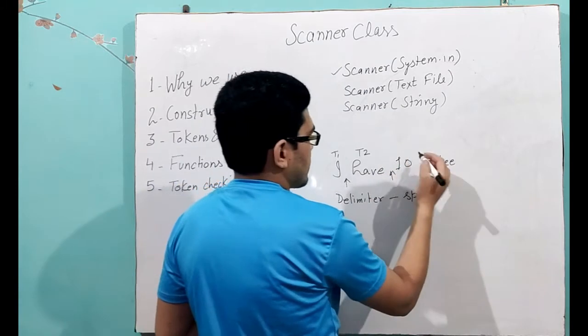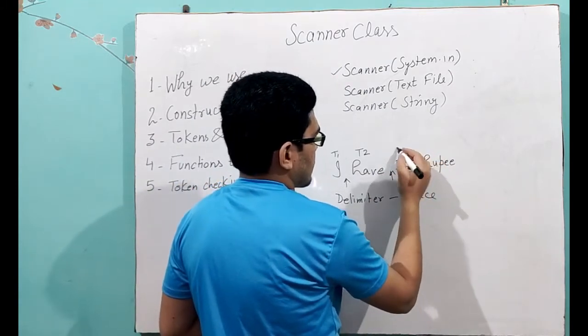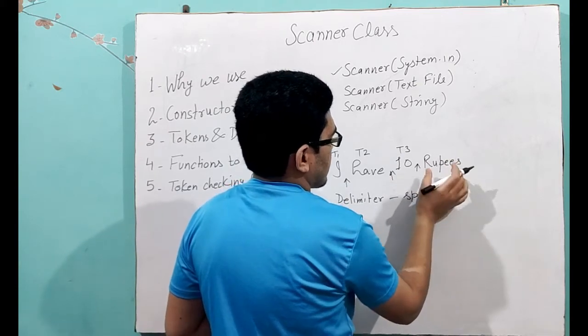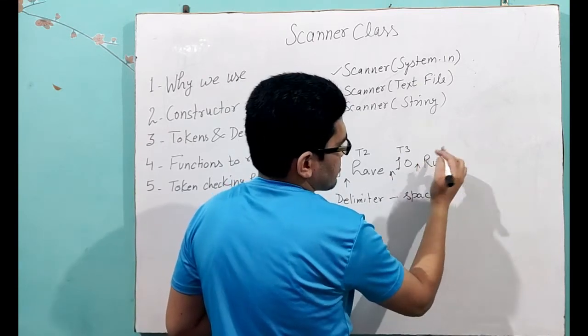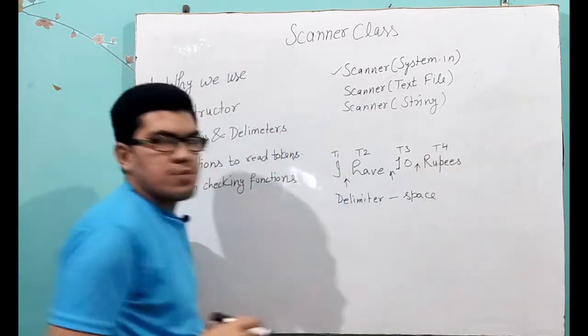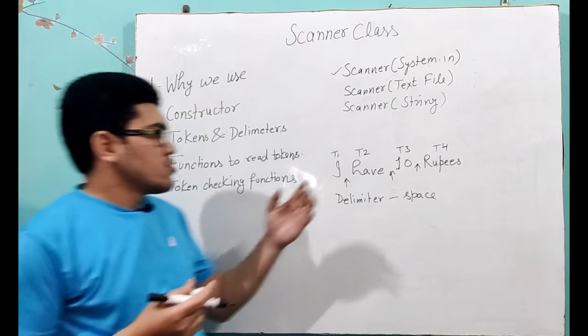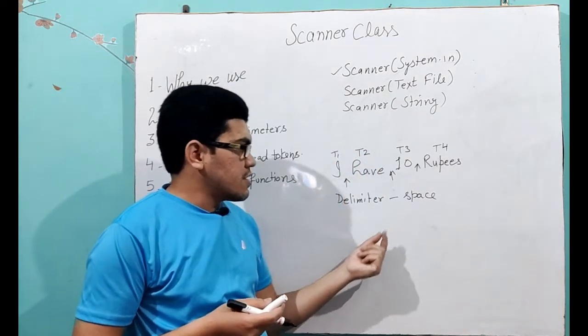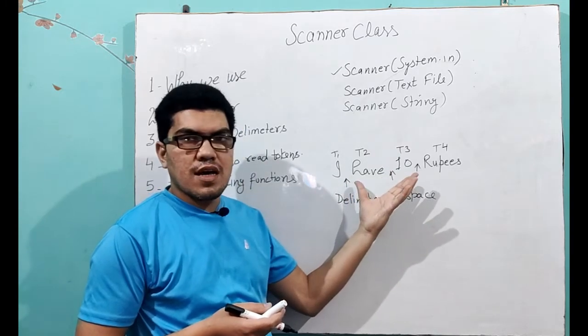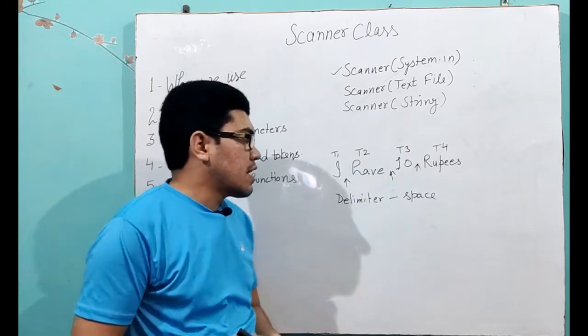Next space is there, so it is token 3, and then the last token, since there is no space but the remaining part, will be token 4. So if we are considering space as a delimiter, then these 4 tokens are available in this line.